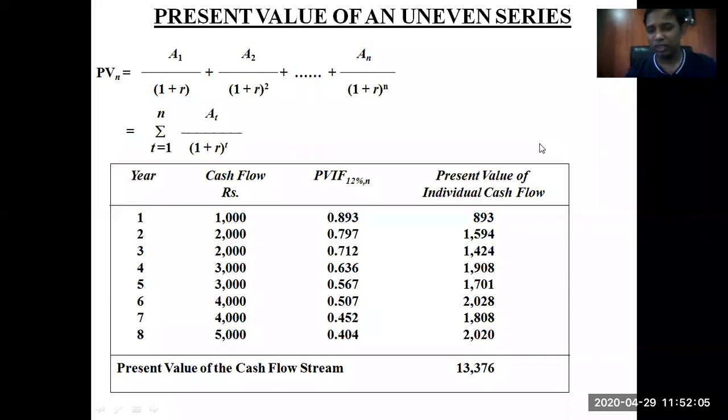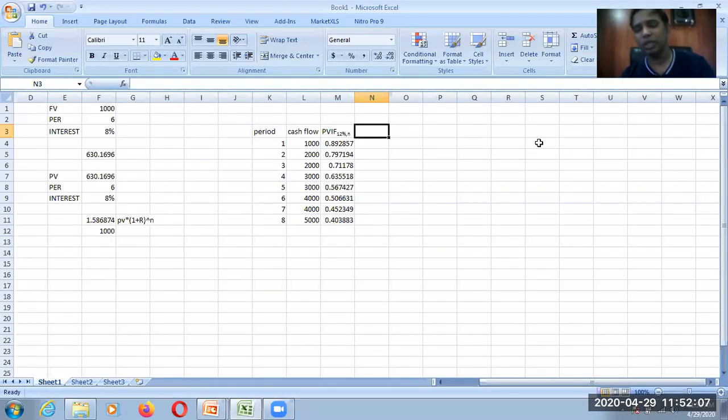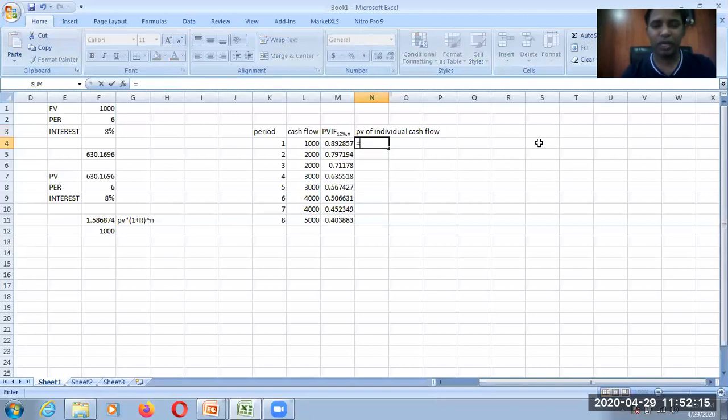Let us see here what is given: present value of individual cash flow. If I am receiving 1000 rupees after 1 year, today's present value of the same 1000 is 892. Similarly, if I am supposed to receive 2000 rupees after 2 years, its present value is 1594.